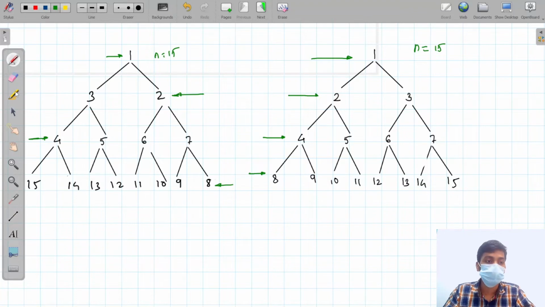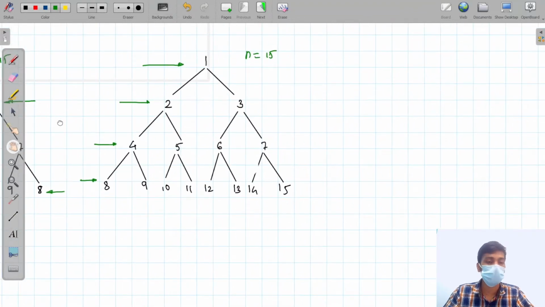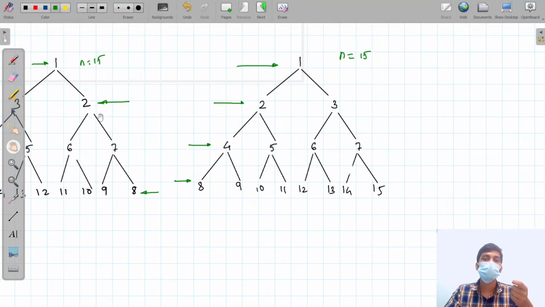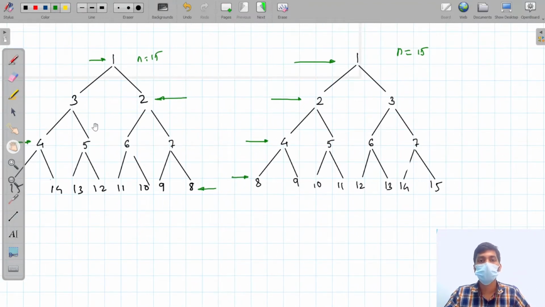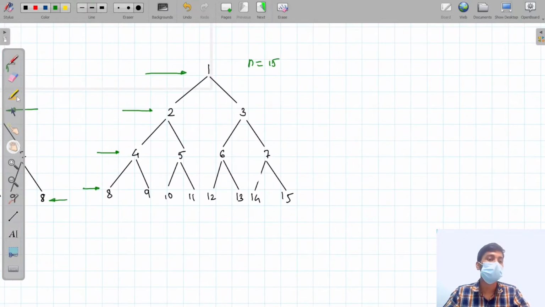Now first, let's forget about the current question. Let's try to discuss the same question on this tree, right? Let's not take the other tree into consideration for now. Let's say the question is saying that I am provided with an integer n. For this question we will be provided with a single integer n, and we will not be provided with anything else other than this.